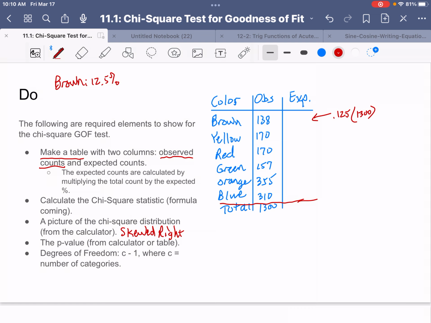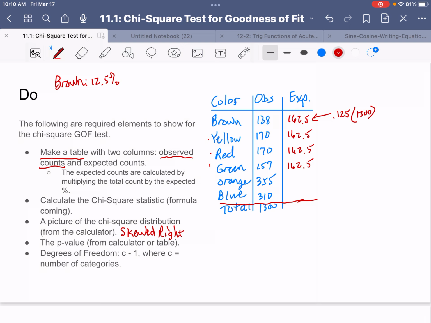So if I grab my calculator, 0.125 times 1,300 is 162.5. So I would have expected about 162 or 163 brown M&Ms. Well, isn't the claim for yellow, red, and green also 12.5%? So I guess these happen to be 162.5s as well.